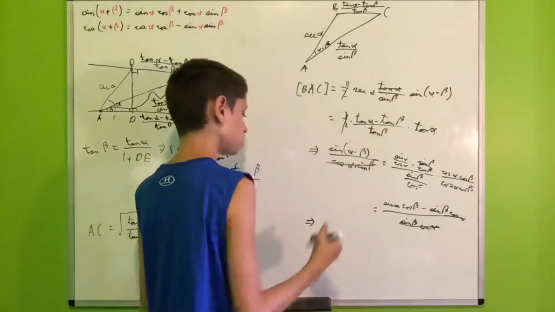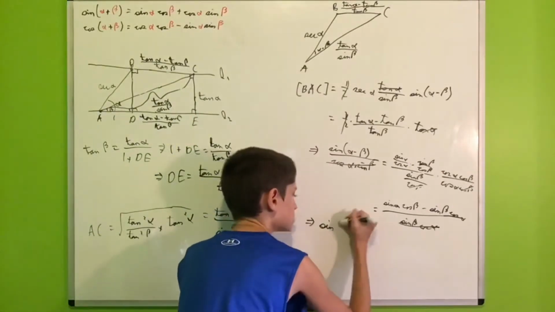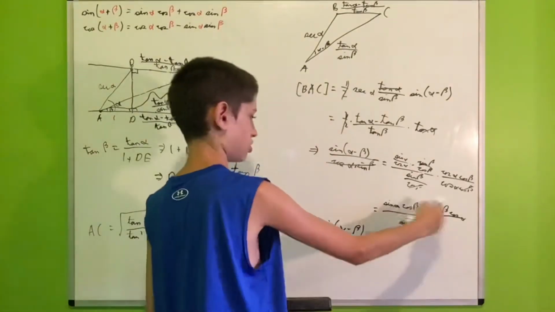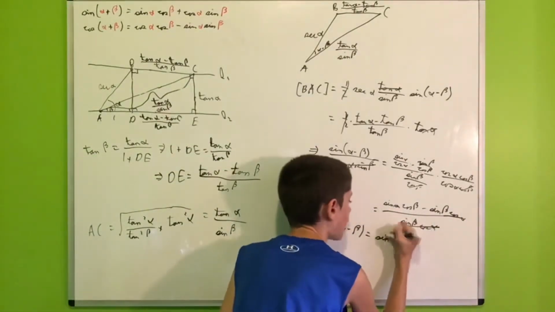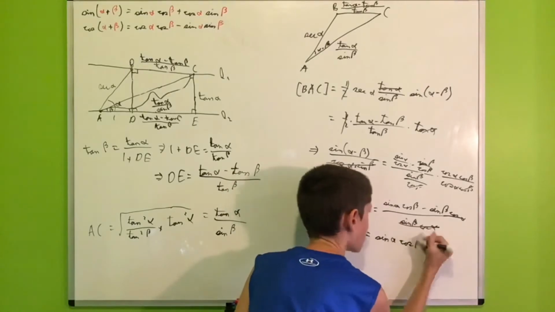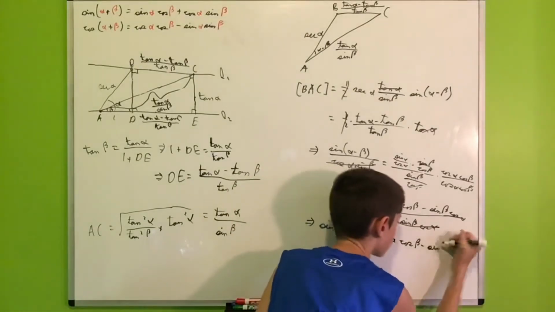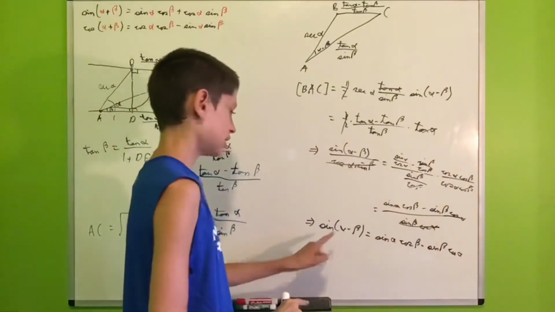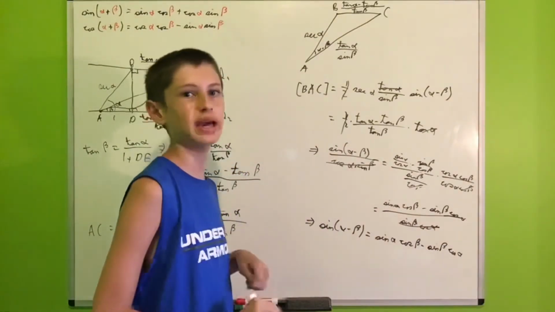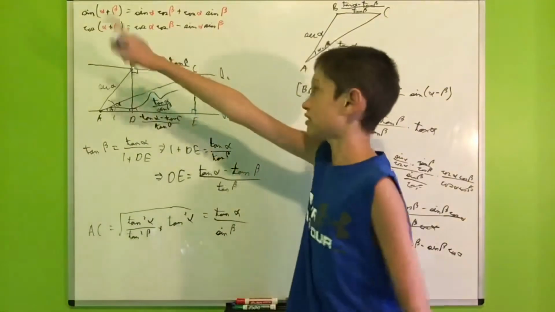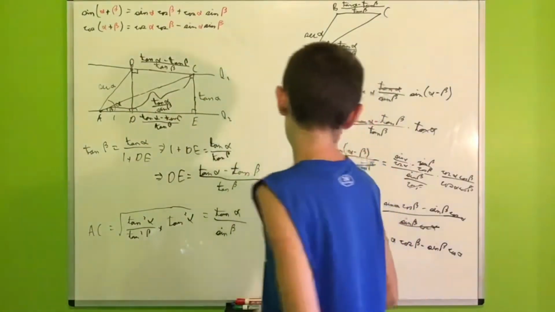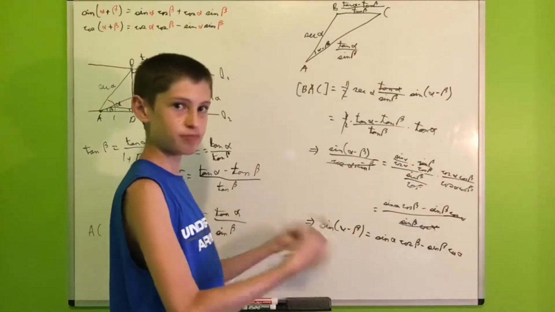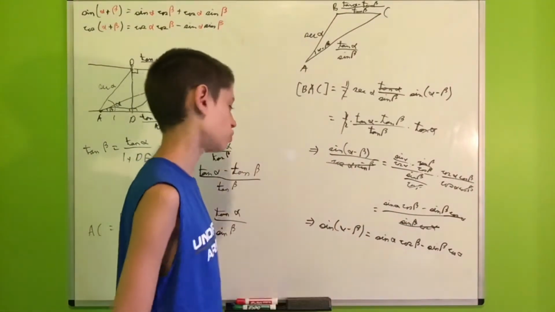And we'll be left with sine of alpha minus beta is equal to sine alpha cosine beta minus sine beta cosine alpha. But then here we have sine of alpha minus beta, and what we want is sine of alpha plus beta. So what can we do? Well, we can just plug in negative beta instead of beta and see what we get.